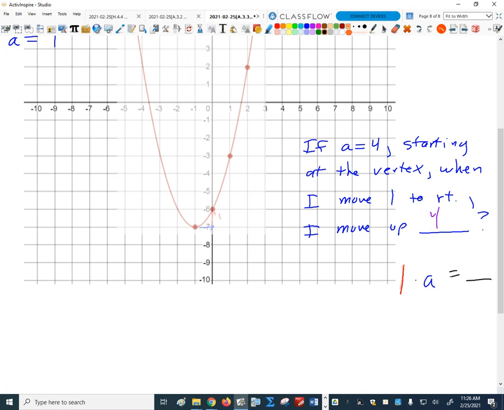Wasn't that just 1 times 4? Gives me 4. So I should expect instead to go over 1 and up 1, 2, 3, 4. So right to there, and there's going to be a point.